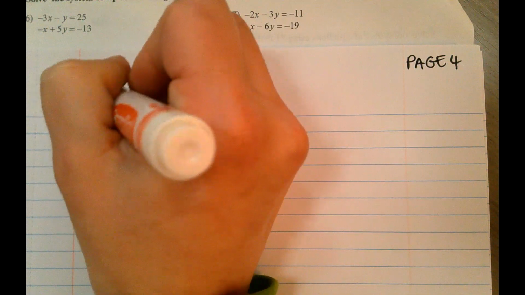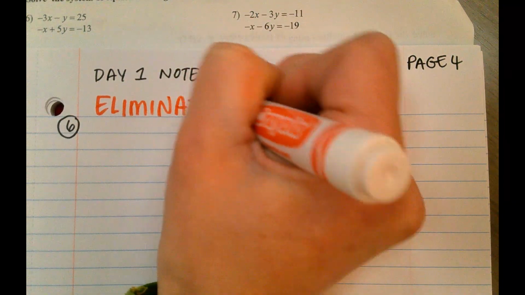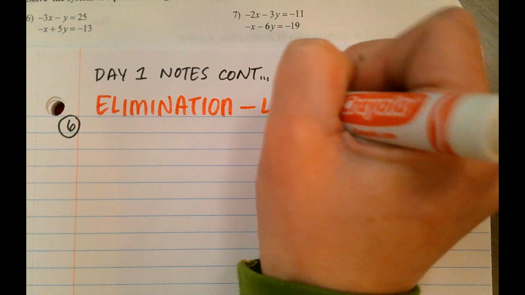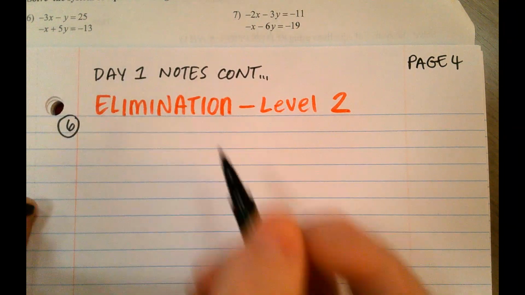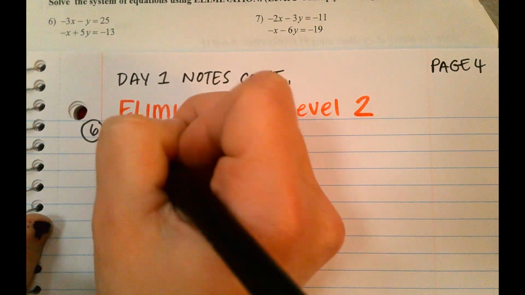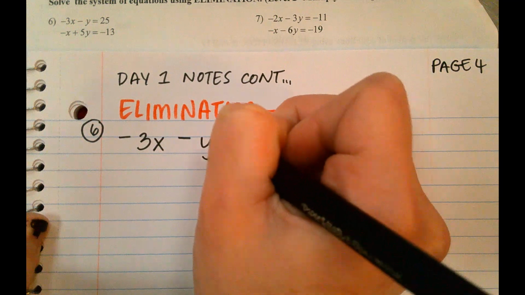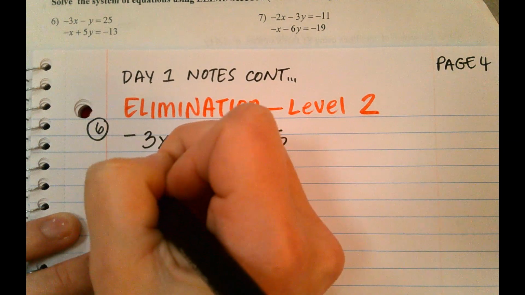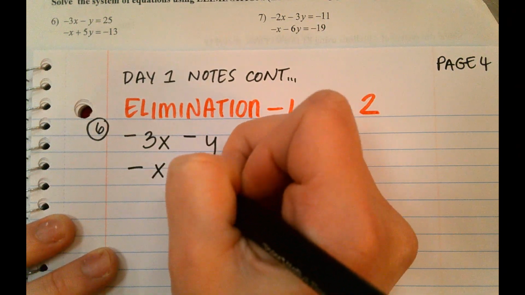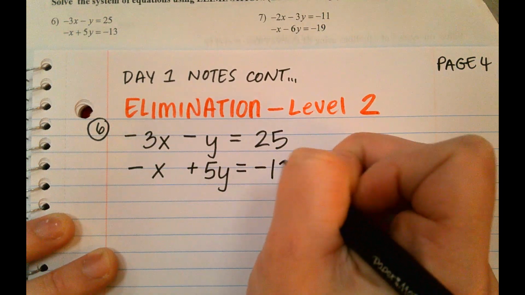And this is elimination level 2. Where we multiply one equation. So I have for number 6, it's negative 3x minus y equals 25 and negative x plus 5y equals negative 13.